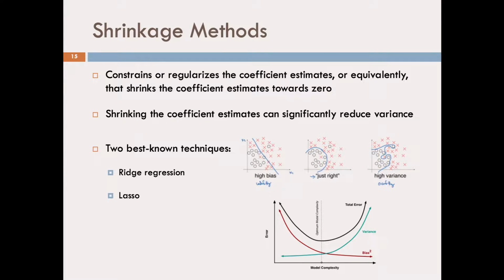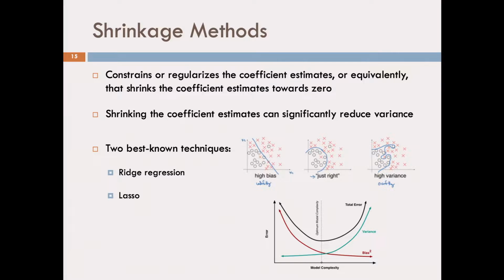If we shrink the coefficients towards zero, we are saying, look, model, coefficients that are closer to zero mean that the corresponding variable is not so significant for the outcome. And this reduces the variance of our model.